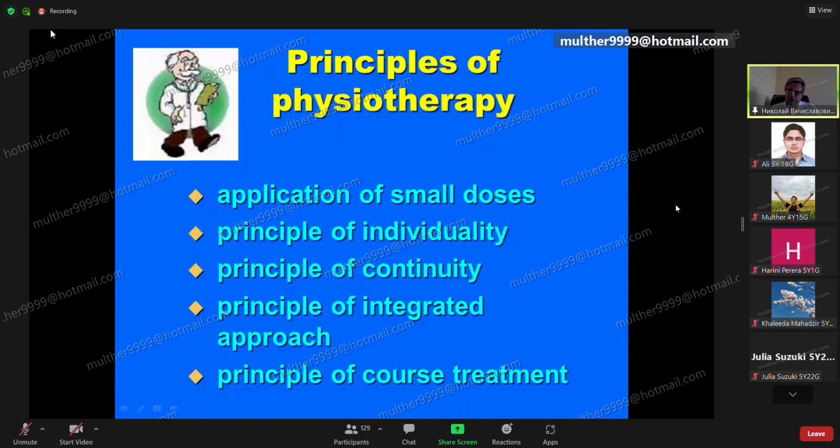Now let's discuss the main principles of physiotherapy, which we should know before prescription of a concrete program including physiotherapy. First is application of small doses.